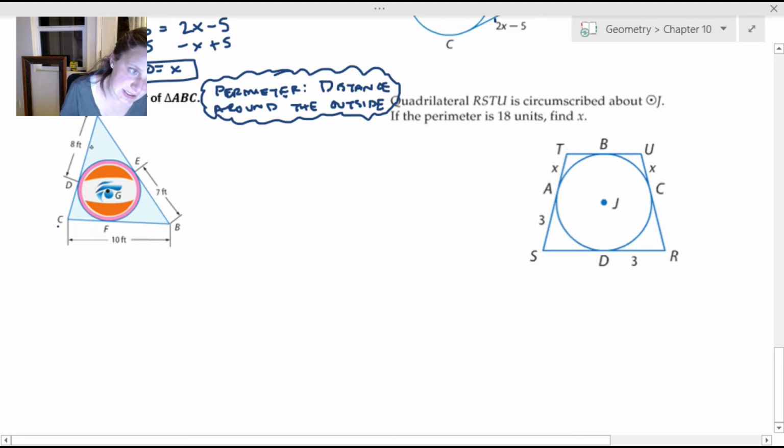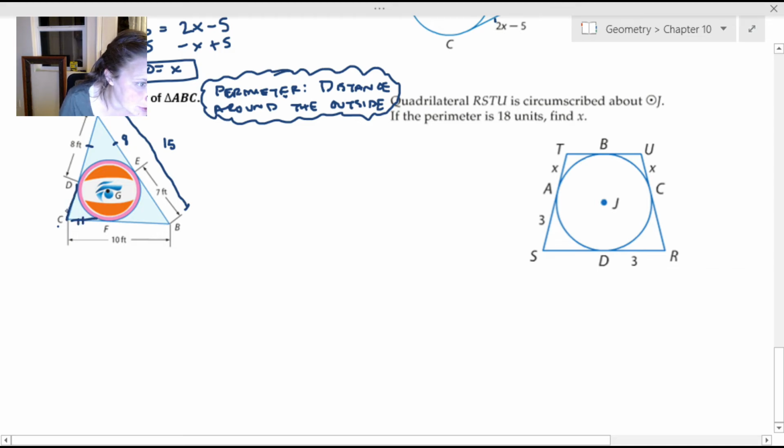AE is probably easier because these two segments look tangent, so they are tangent. This part is 8, so this part is going to be 8. So now I know all of AB is 8 plus 7, which is 15. This whole segment is 10, but I need to know what this segment is right here to figure out this segment right here.